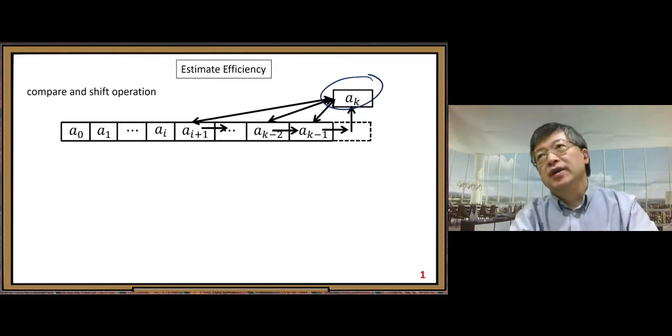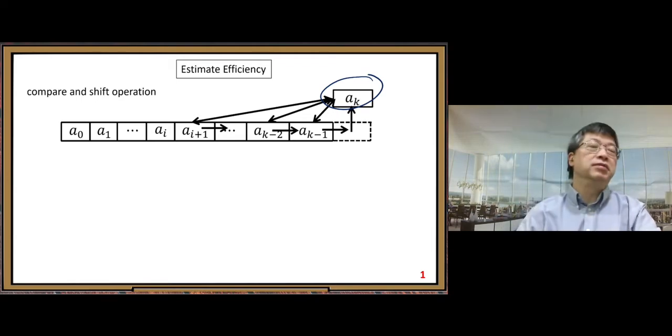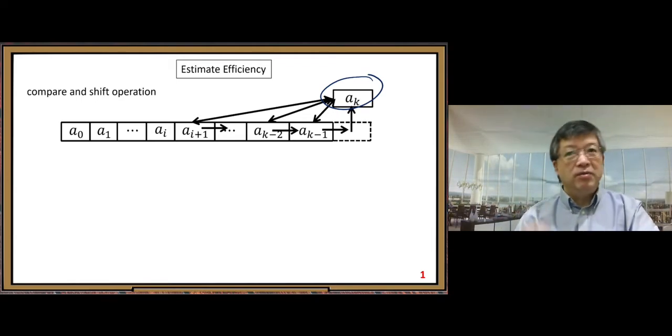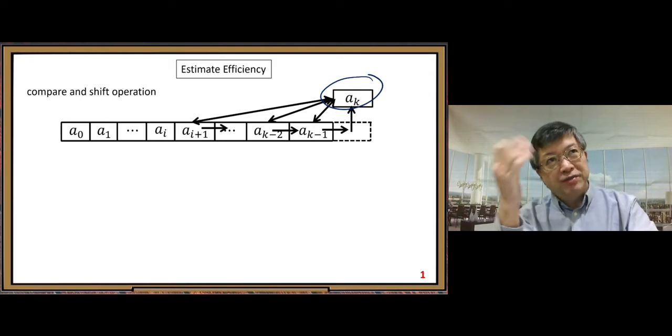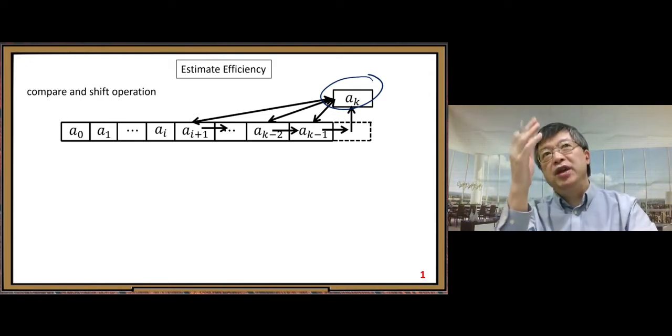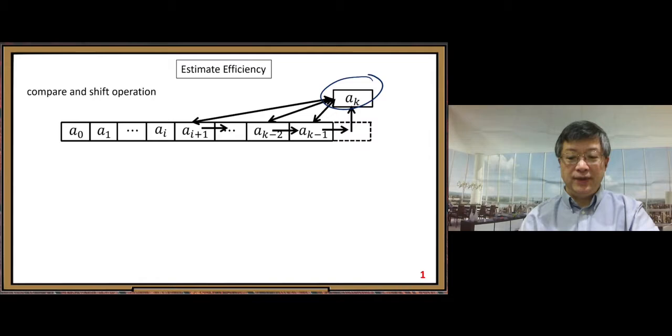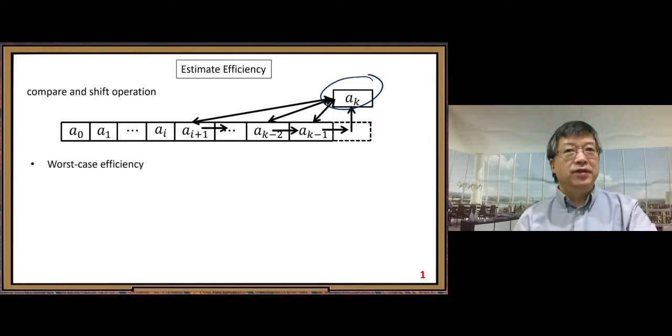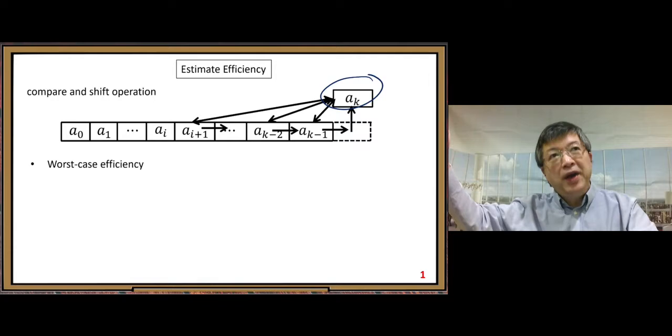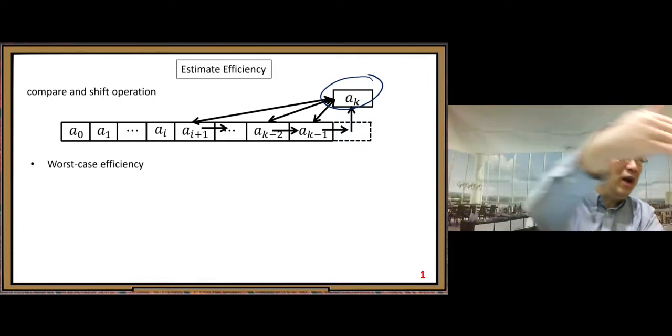It depends on the location of your new element. So we can consider best case, worst case, and average case, three possible cases. For the worst case, you have to compare a k with all the elements.